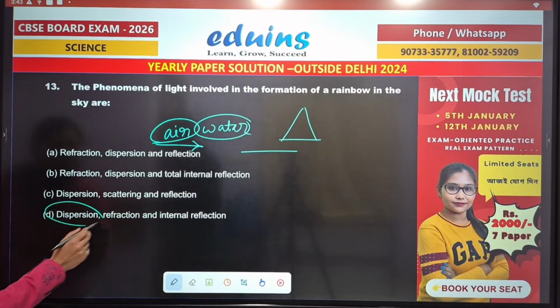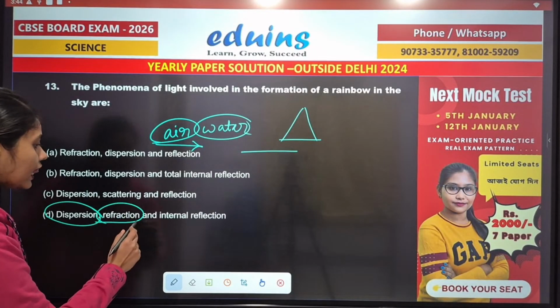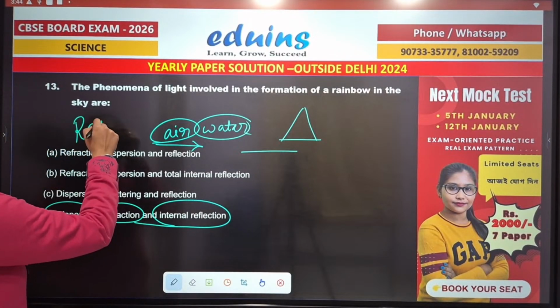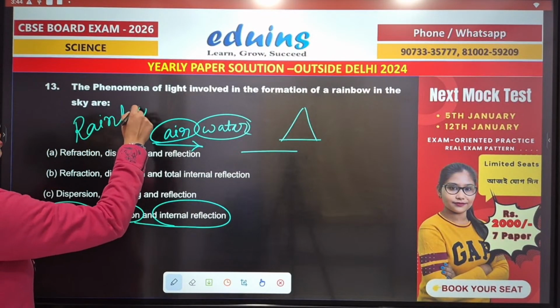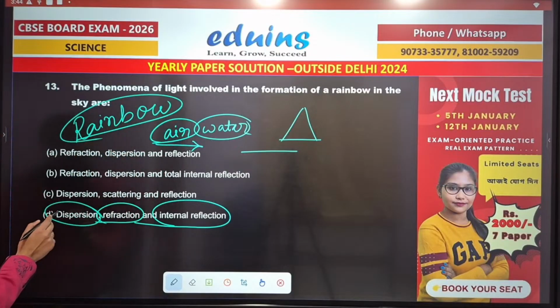At first there occurs dispersion. There become 7 lights, and then refraction, and then internal reflection. This causes a rainbow. So what will be the answer? Option D is the right answer.